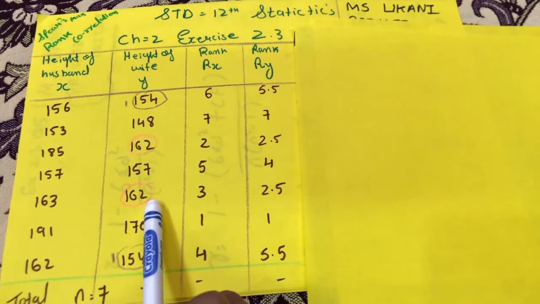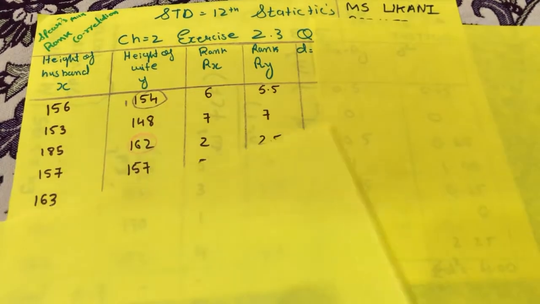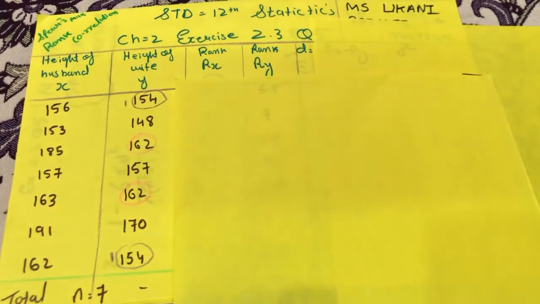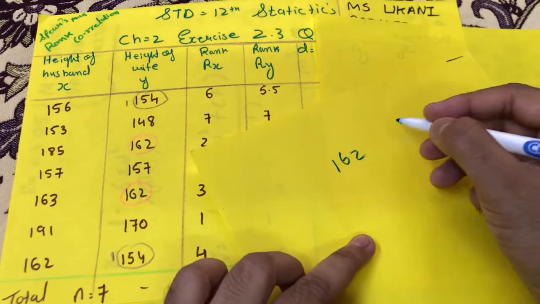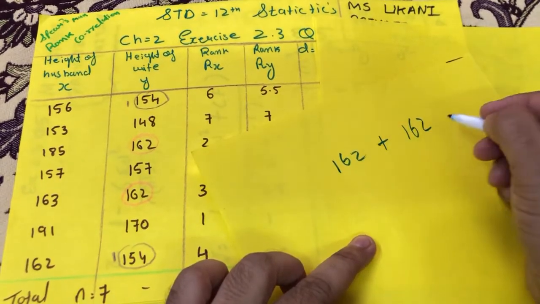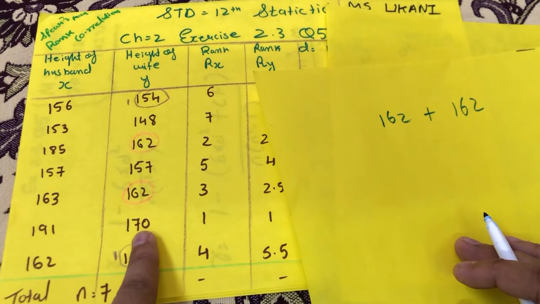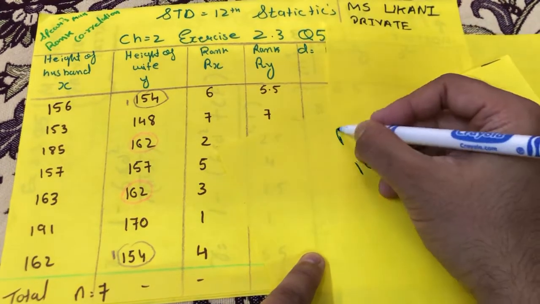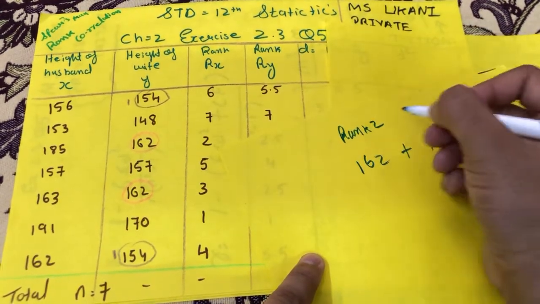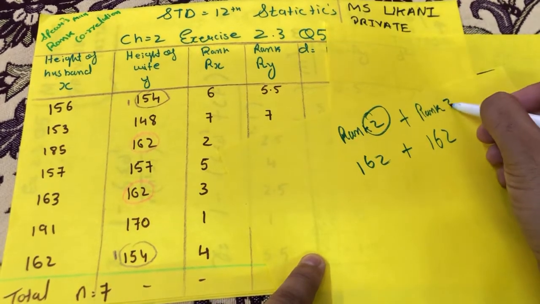So how to give the rank to 162? Let us study first. See, 162 is repeated 2 times. And we had given rank 1 to 170. So now here it will come rank number 2 plus, and here it will come rank number 3.